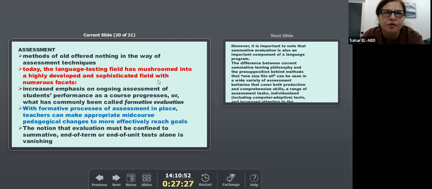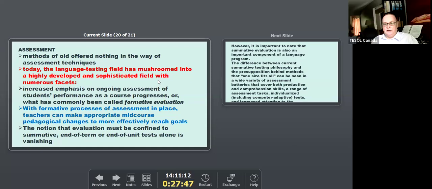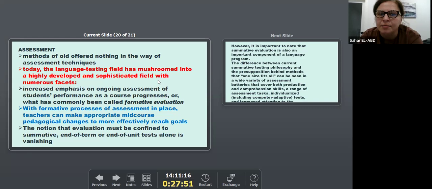For example, if you teach reading, you do a formative assessment in reading about the fluency, pronunciation. You ask questions to the student to assess his comprehension skills as well. And this is how you build your assessment sheet.